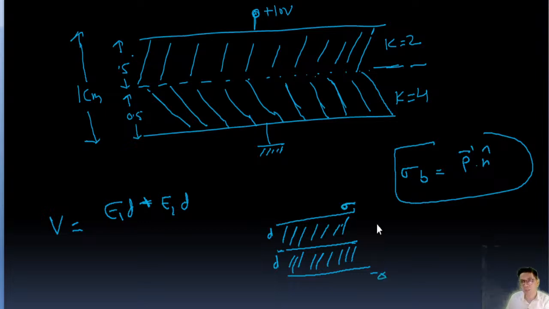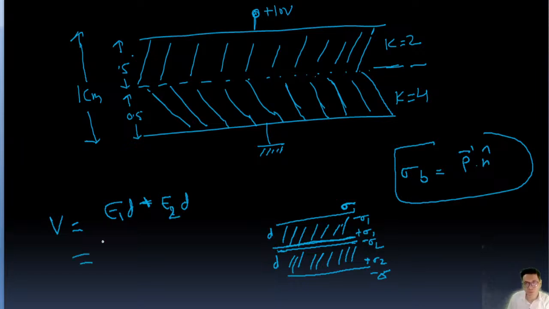And this surface is minus sigma 2, plus sigma 2, and this is minus sigma 2, and this is plus sigma 2. This is very important because V is going to be the total potential, that is E1 D plus E2 D.